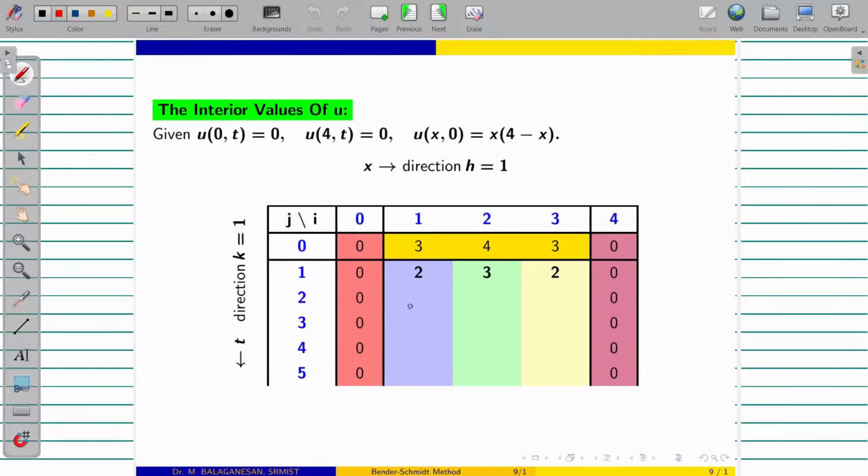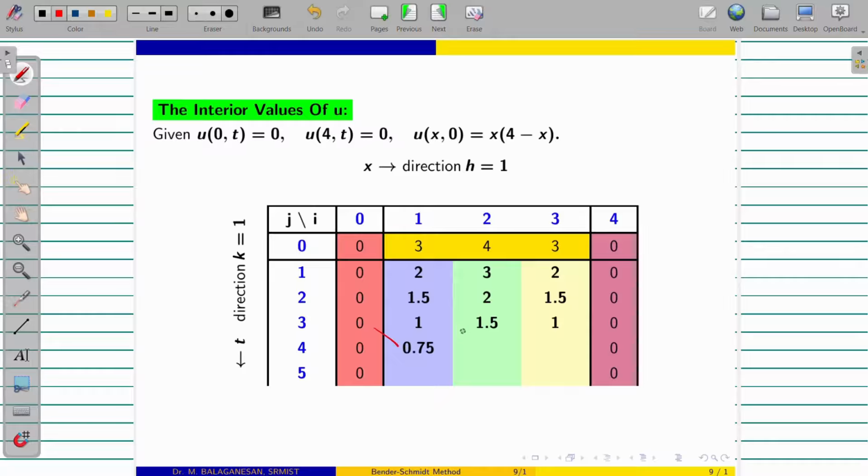Now next I have to find this value. 0 plus 3 by 2 is 1.5. Next step: 2 plus 2 divided by 2 is 2 only. Next: 3 plus 0 by 2 is 1.5. Similarly, proceed like that. 0 plus 2 by 2 is 1. 1.5 plus 1.5 divided by 2 is again 1.5. 2 plus 0 divided by 2 is 1.